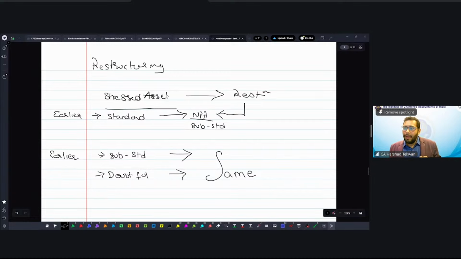I can only upgrade back from NPA to standard when the entire outstanding loan in the facility has been paid off and it is showing satisfactory performance. And again, what is satisfactory performance? There is basically a criterion for that. Either it is showing satisfactory performance or all the outstanding loan has been paid off.